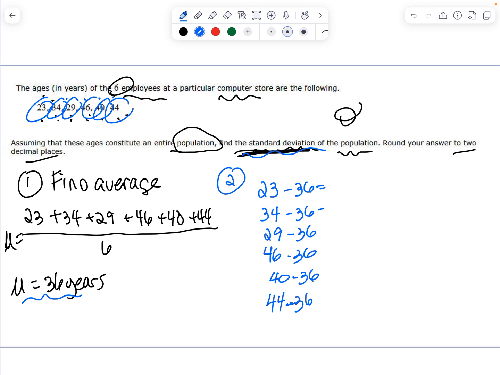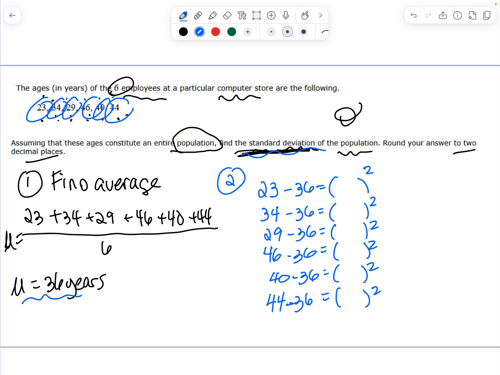Then we square those differences, and that's finding the variance. Once we have the variance, we take the square root of that, and that is our deviation. So don't get overwhelmed. We're just looking for how far away each of these ages got from the average age.